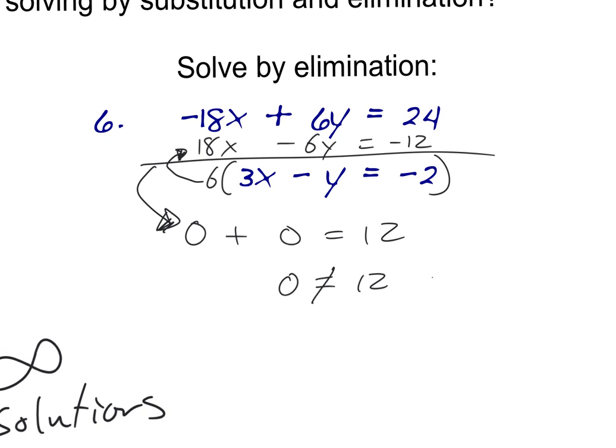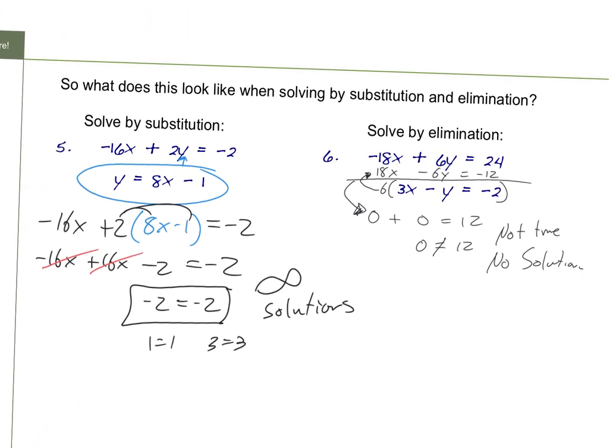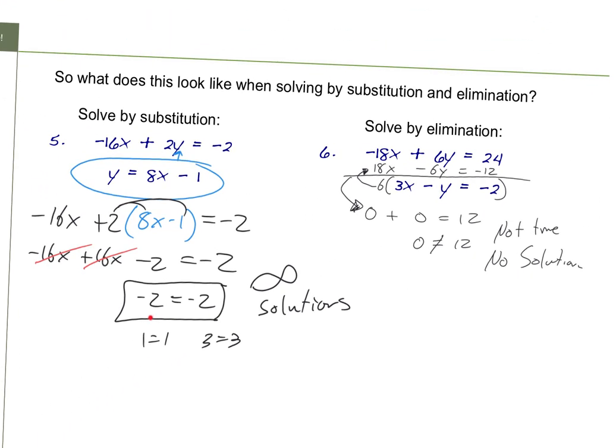Okay, so when you get something that is not true, that means that we have no solution. Okay, so those are the two things, those two weird situations you might run into when solving it algebraically. You're either going to get a number equals itself, that's infinite solutions, or something that's obviously not true, and therefore that's no solution.